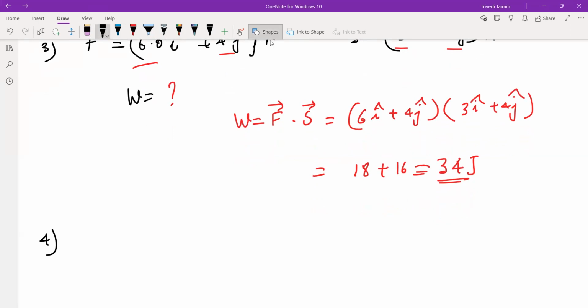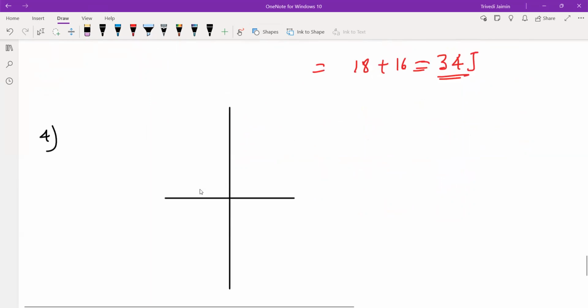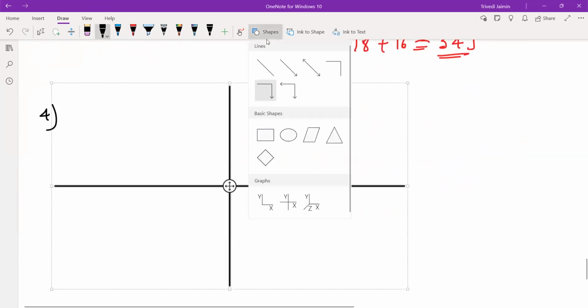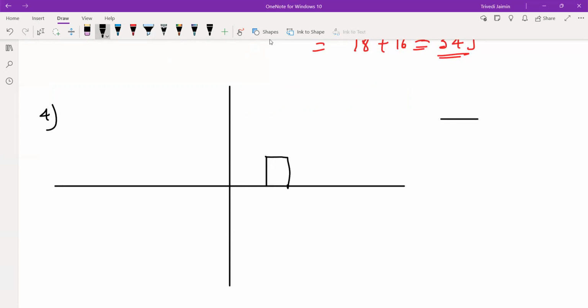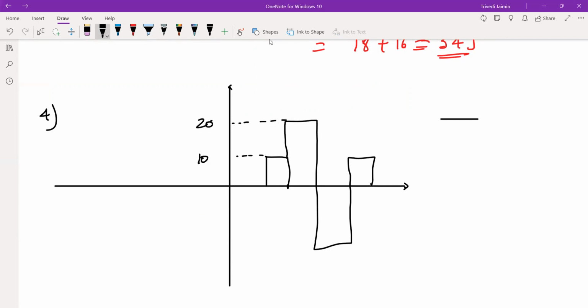Okay, let's try this. Let me draw a shape. These are 10, and these are 20 newtons.